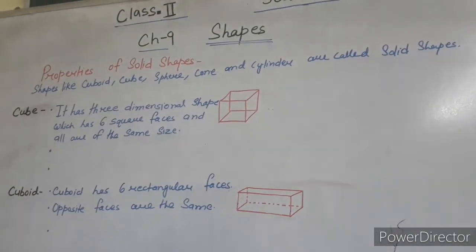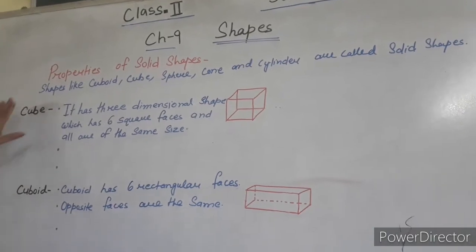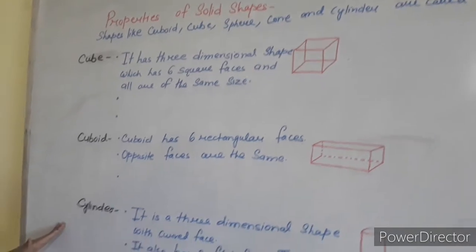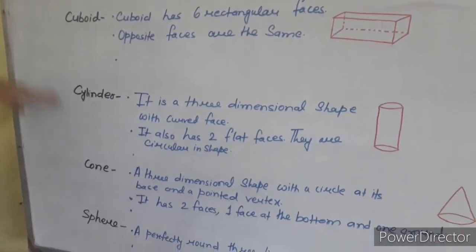Okay. These shapes are called the solid shapes. That is cube, cuboid, cylinder, cone, sphere.